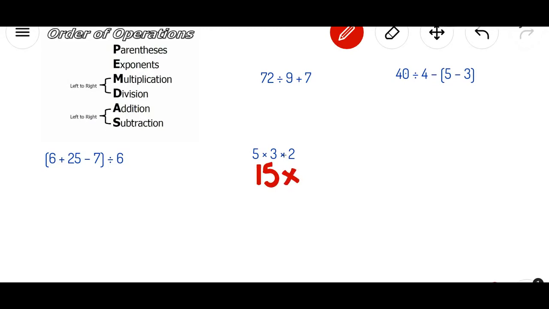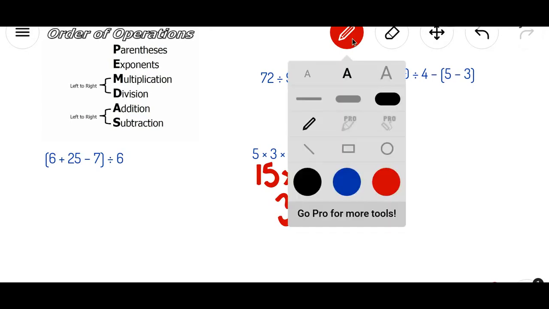After you've solved something, you bring down the rest of the equation that you haven't done yet. Then you'll do 15 times 2, which will give you the answer of 30.